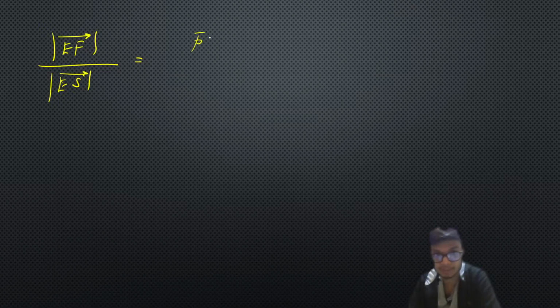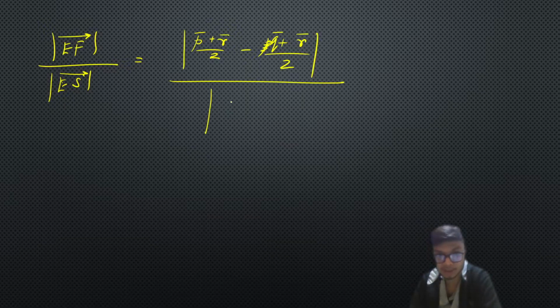EF will be simply given by mod of (p plus r by 2 minus q vector plus r vector by 2), divided by mod of 5 times (p vector minus q vector) divided by 12.